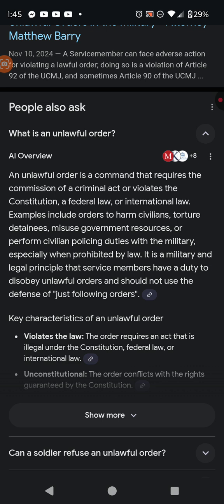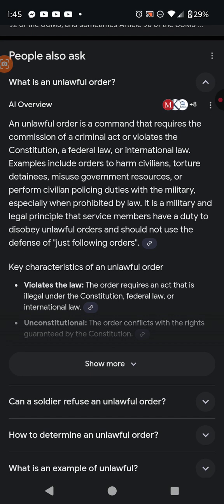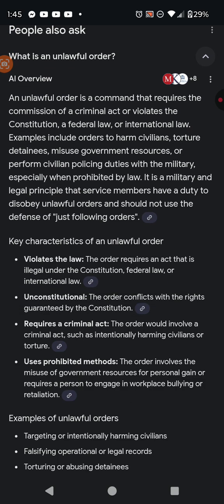Examples include orders to harm civilians, torture detainees, misuse government resources, or perform civilian policing duties with the military, especially when prohibited by law. It is a military and legal principle that service members have a duty to disobey unlawful orders and should not use the defense of just following orders.